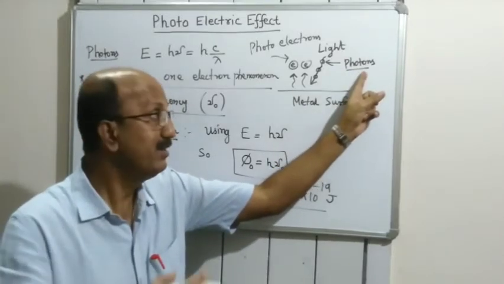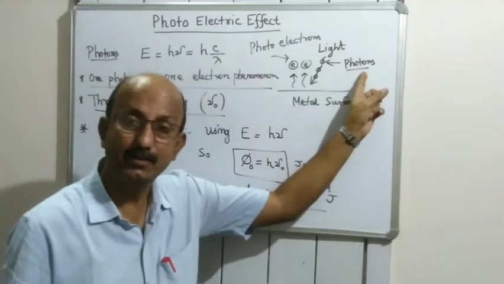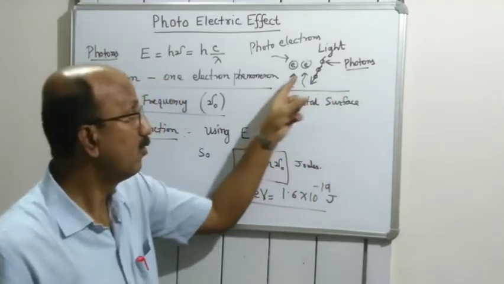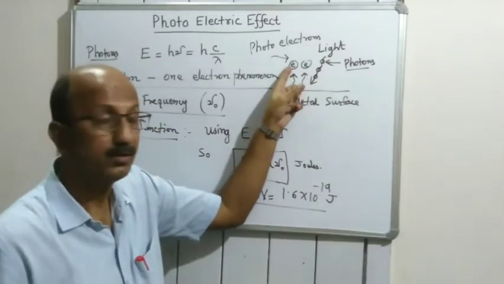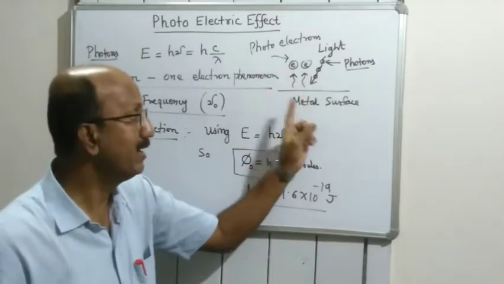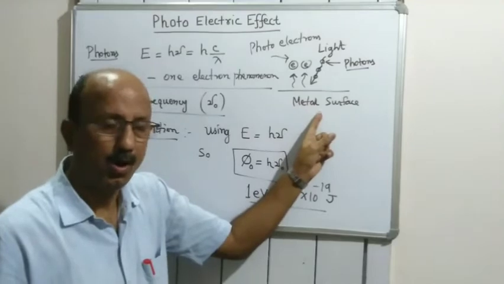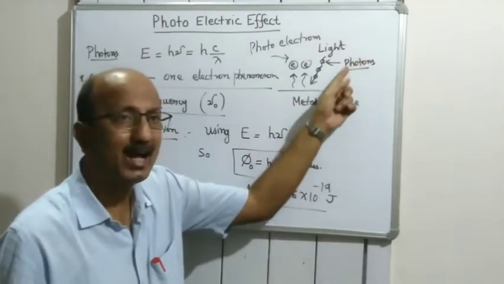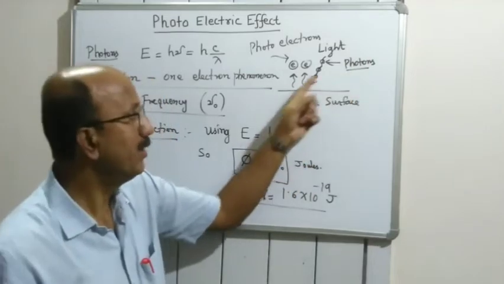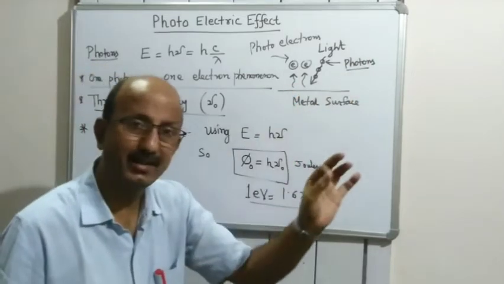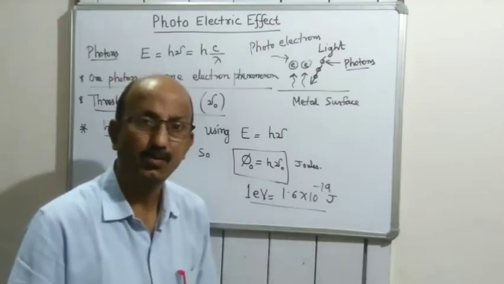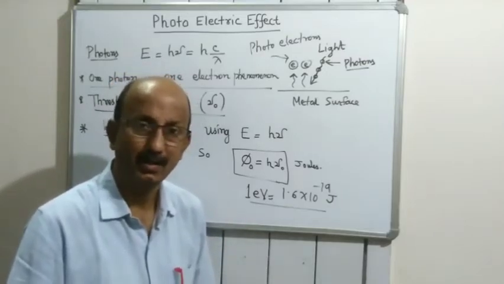I repeat, it is the minimum energy of incident photons which is responsible for emission of photoelectrons from any metal surface. Or in other words, you can say that it is the minimum energy of incident light required to exhibit photoelectric effect. So these are the three different ways to define work function of a metal.